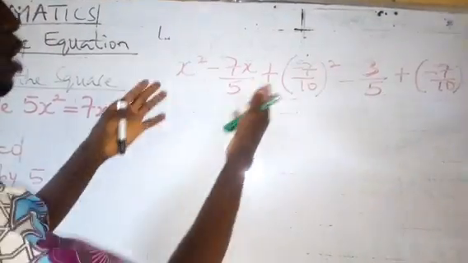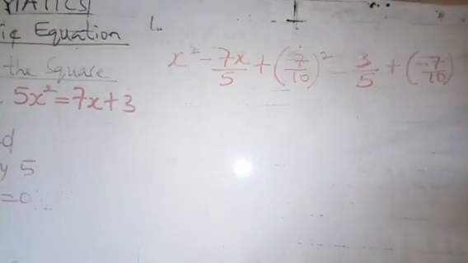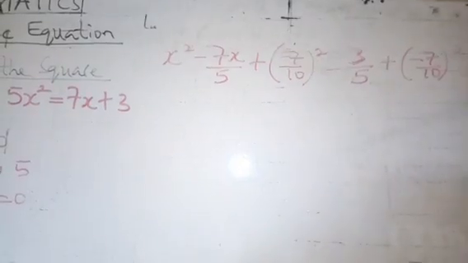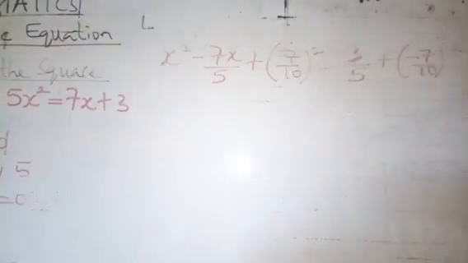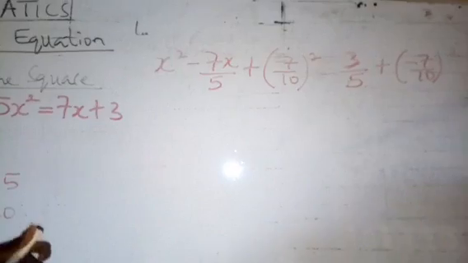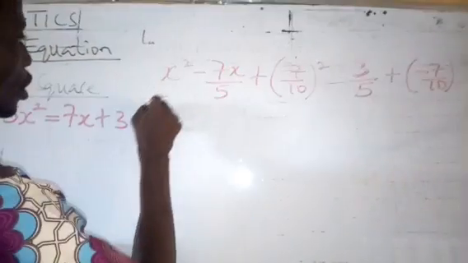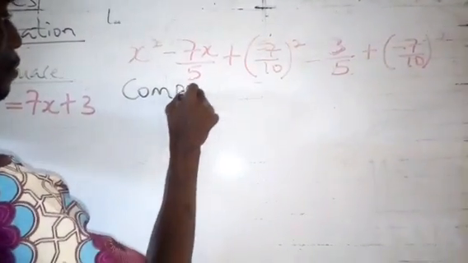Now we have done what this asks us to do. Now the next step is comparing the squares. Comparing what? The squares.